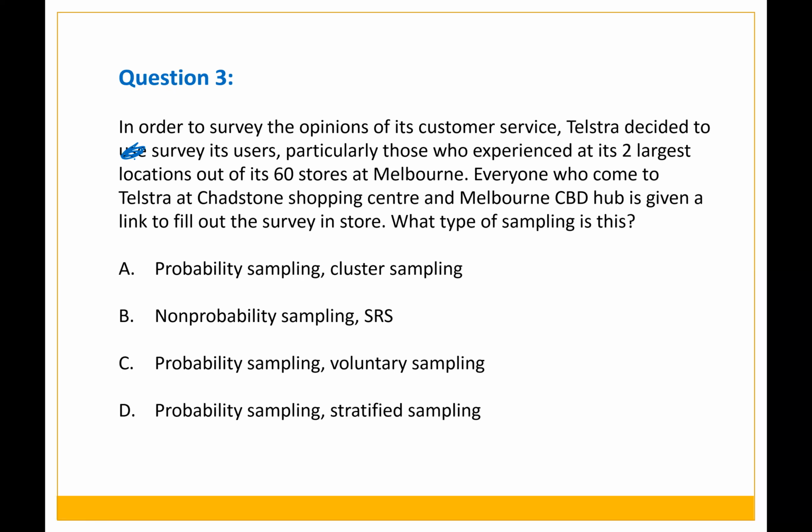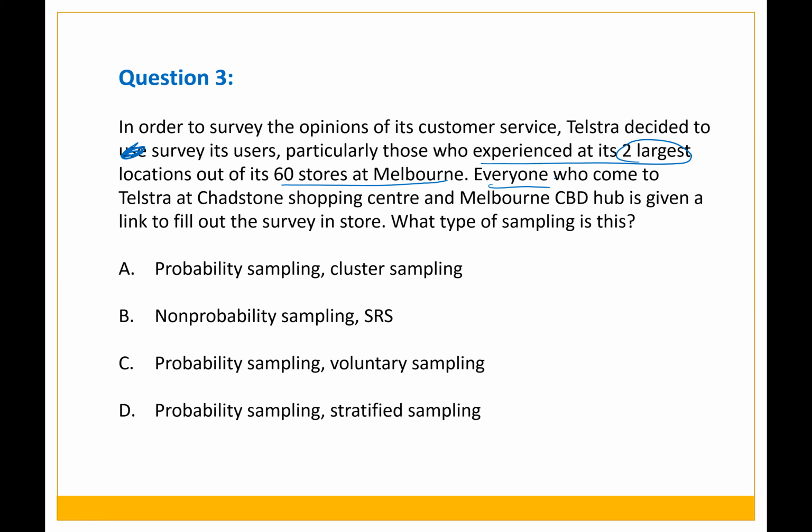Now, we look at the total in Melbourne. Telstra has 60 stores, so this is the population that Telstra is looking at. The population being targeted is users in Melbourne, and it only picks out the two largest locations, the people who experience these two largest locations, and surveys everyone there. Now it sounds very similar to cluster sampling, and it actually is, because at these two largest locations, what usually happens is that they attract most of the people in the city.